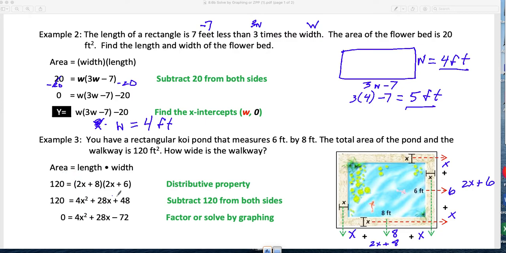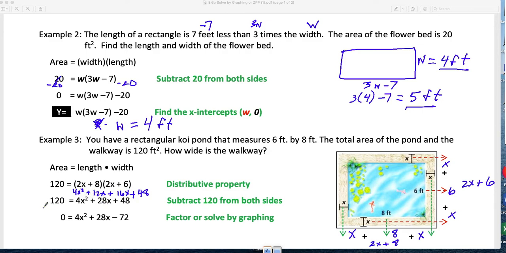Okay, so we multiply that together: 2x times 2x is 4x squared, 2x times 6 is 12x, 8 times 2x is 16x, and 6 times 8 is 48. I better write this down so you can see it. So using the distributive property or generic rectangle, that's how we got here. Combine like terms right there to get the 28x.